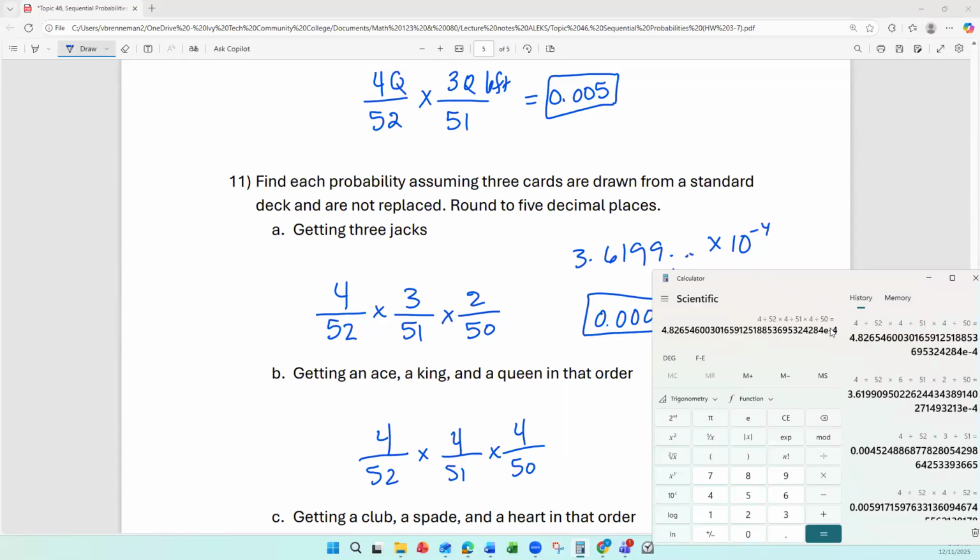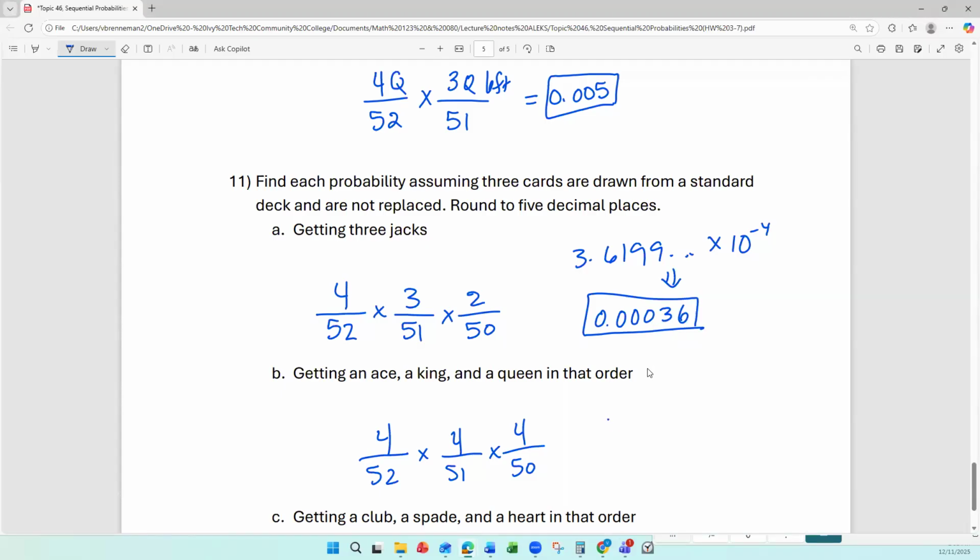And that still has the e minus 4 at the end of it. Now it's 4, 8, 2, 6. And so that's going to be 0.00048.